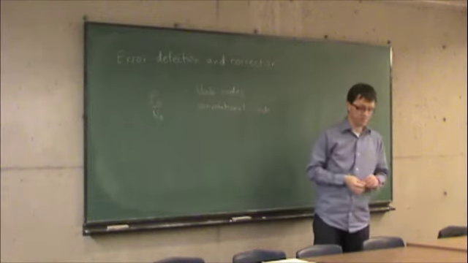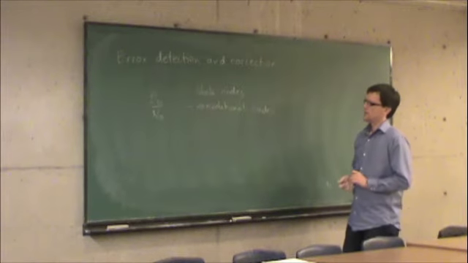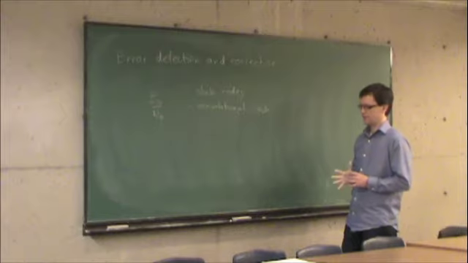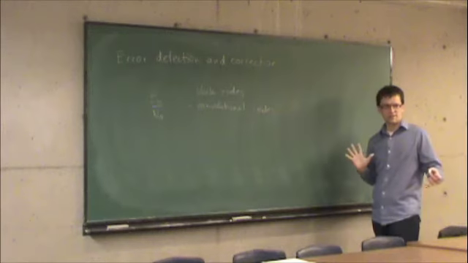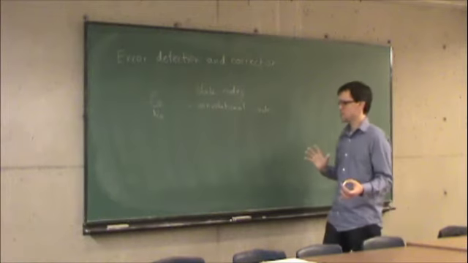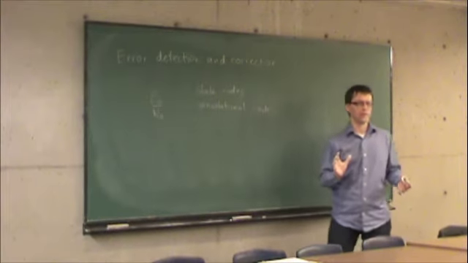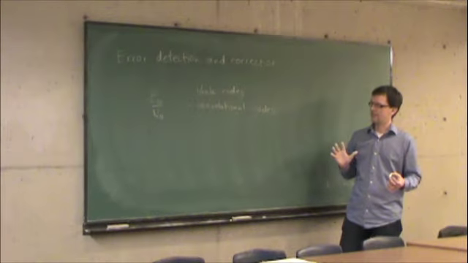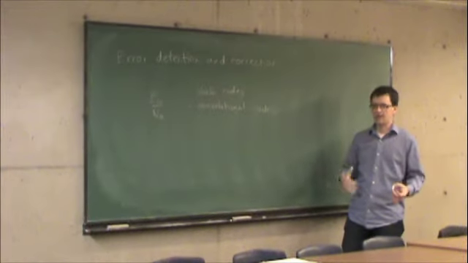Let's say I can give you a code that can, in a block of 10,000 letters, correct any 100 errors. In other words, if 1% of the bits are in error, that code can correct all of those errors.